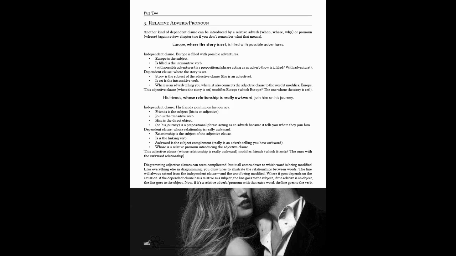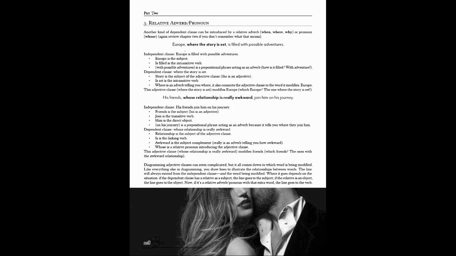So again, if you look at chapter 2, it has a list of these relatives, but once you think more about what they are telling you, it becomes a little easier to see what information the adjective clause is giving you. But if you've got another kind of dependent clause acting as an adjective, it will be introduced by a when, a where, a why, or a whose.